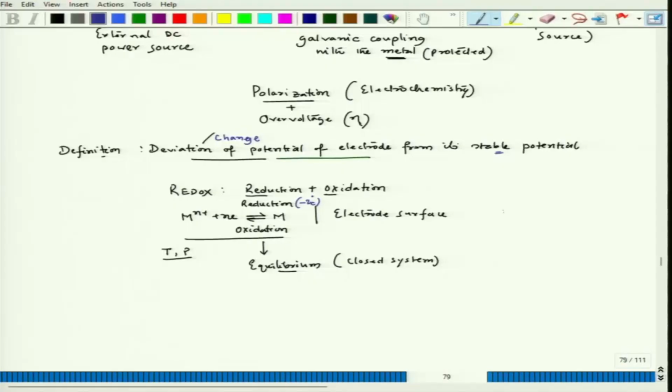For example, if current flows this way, this is the positive terminal, this is the negative terminal as per a galvanic cell. So, let us consider a galvanic cell, where we are converting chemical, or rather electrochemical energy, to electrical energy.